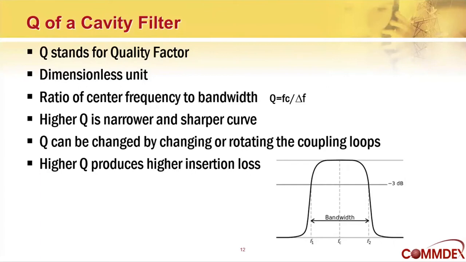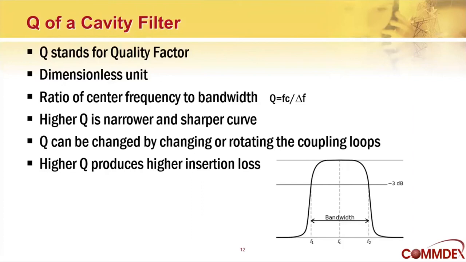Now, is a high Q better? Well, not necessarily. It depends on what you want to do. If you want to pass one frequency and one frequency only, then you'd want a high Q cavity. If you wanted to pass a range of frequencies, you'd want a lower Q cavity. So again, it's a function of bandwidth and the center frequency.